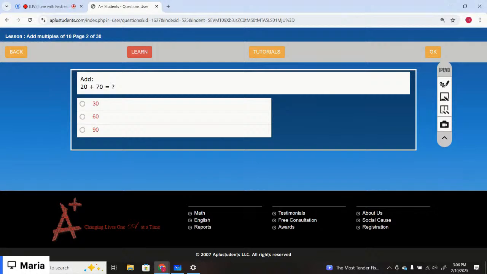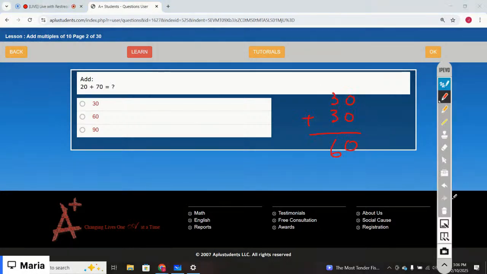70 plus 20, which is the correct option? 0 plus 0 is 0 and 7 plus 2 is 9.